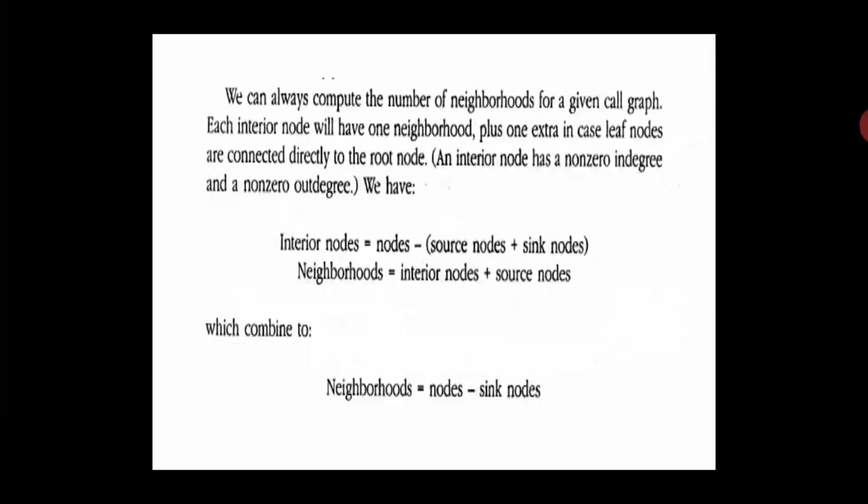So interior nodes equals nodes minus (source nodes plus sink nodes). If you want to find the neighborhoods, the equation is neighborhoods equals interior nodes plus source nodes, where interior nodes is the total nodes minus (source nodes plus sink nodes).